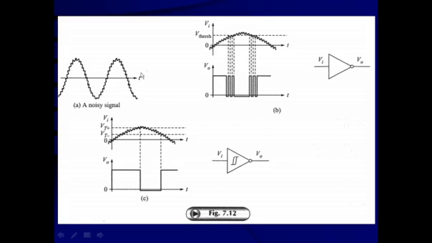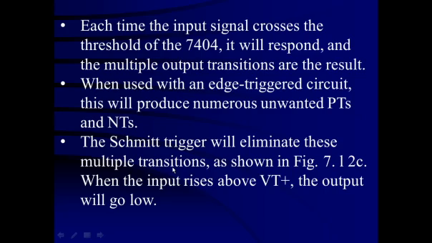So instead of a normal inverter, if you utilize the 7414, then this kind of signal is going to produce a perfect rectangular waveform, which is very useful as a clock waveform for a digital system.